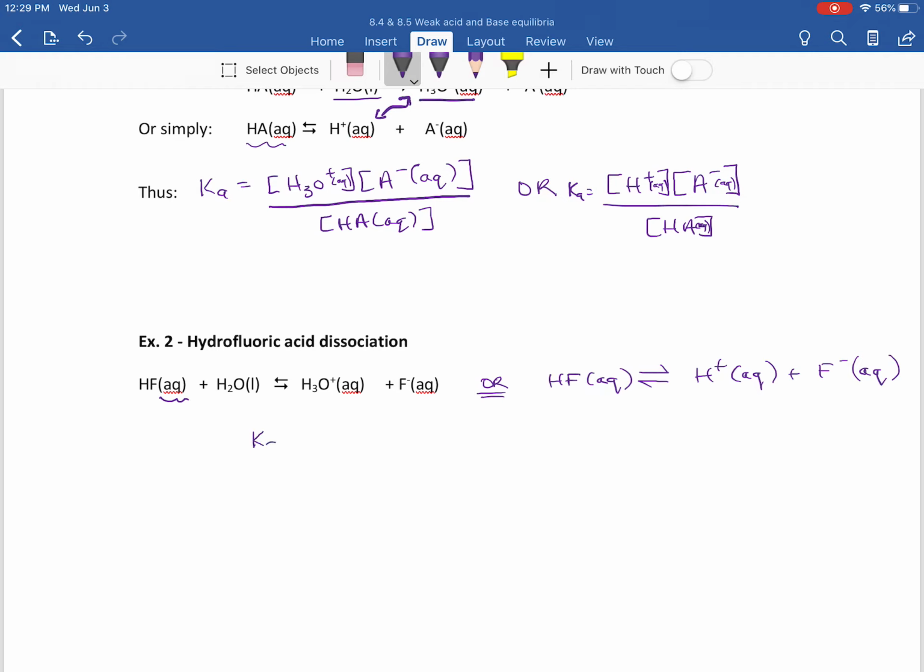When you're writing your Ka, you would write it like this, and once again, I forgot my aqueouses, so just assume aqueous. We're not including the liquid water because it's a constant concentration, so it doesn't go into this equation. Or we could have written it like this. This is overkill, but that's okay.